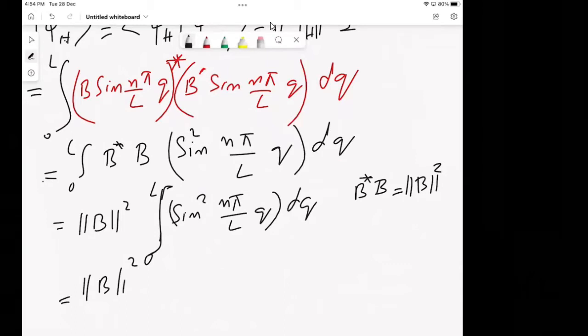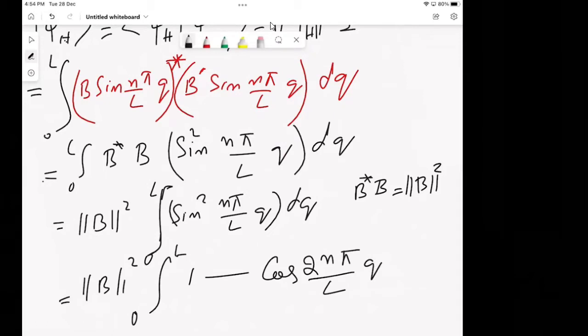How may we integrate it? This will be converted into 1 minus cos 2n pi over L q divided by 2.